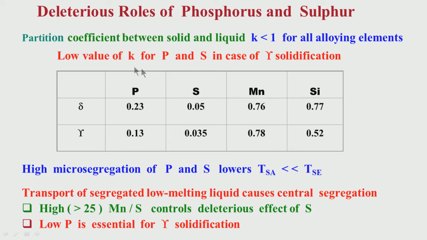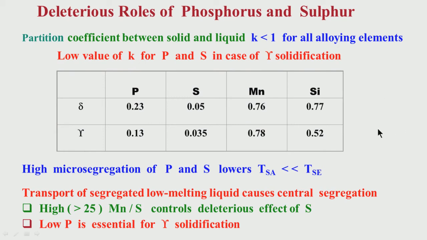Number 2, these low values of k for phosphorus, sulfur in case of gamma solidification, you look at these values, is still lower compared to delta values.